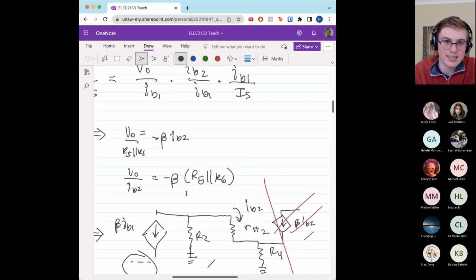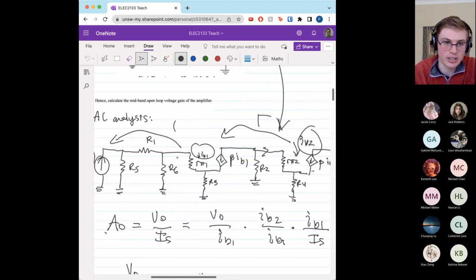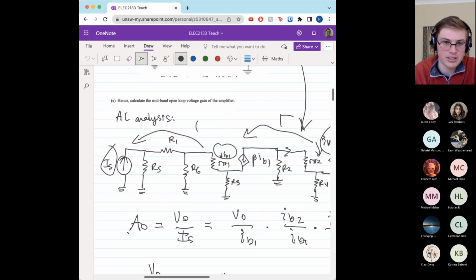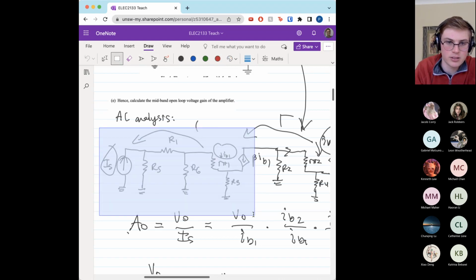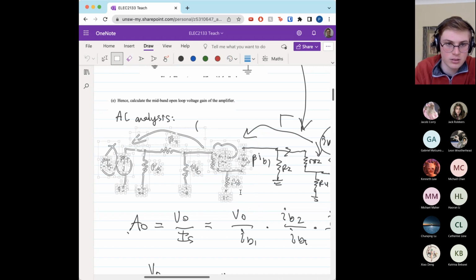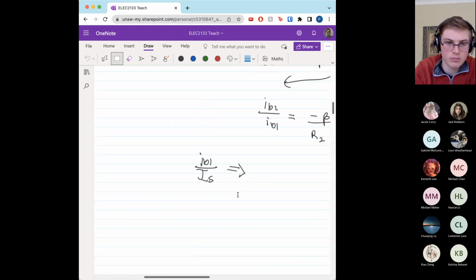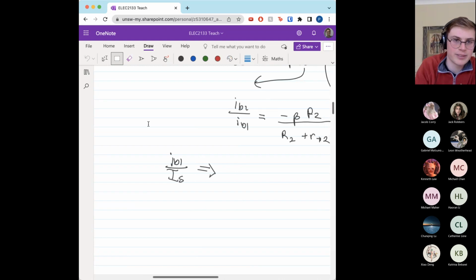So IB1 on IS, let's have a look at our circuit. It's going to be another nice current divider. Let's use that exact same trick, right? We want to cut off the circuit here. I'm going to see if I can copy this, because that would be handy. Ah, okay, I'm going to have to wing it.